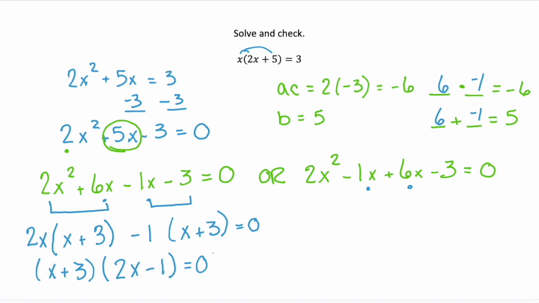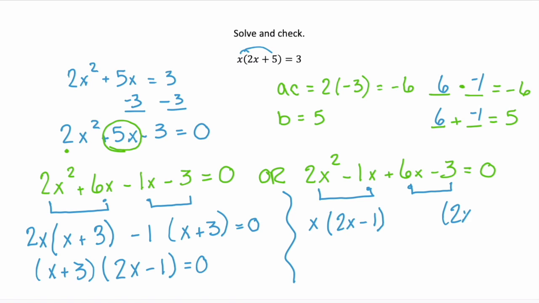Now, I'm going to go through the same process with those middle terms in a different order, just to show you that you'll end up with the exact same factoring. So notice with our grouping here, they only have an x in common, and that leaves behind 2x minus 1.